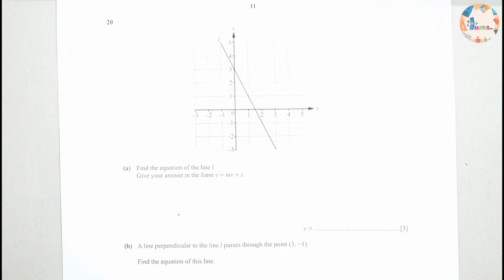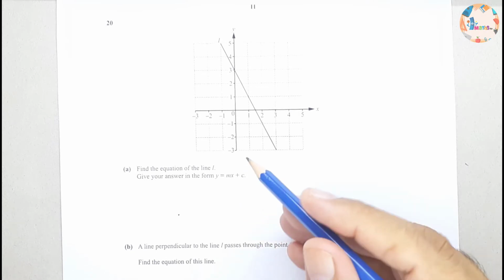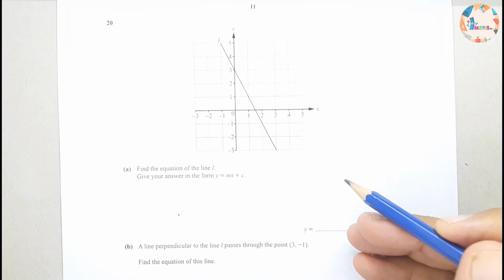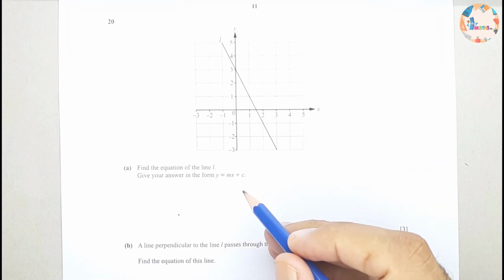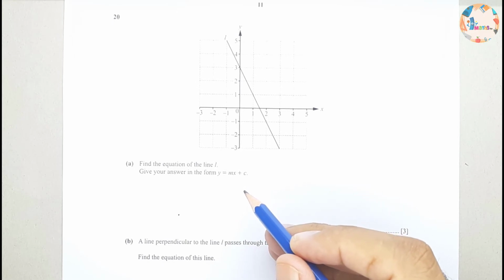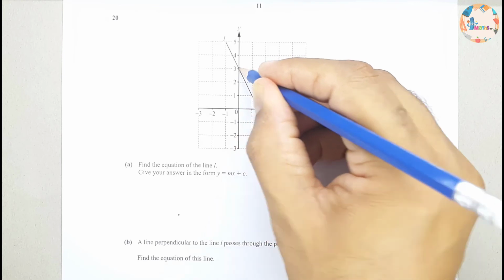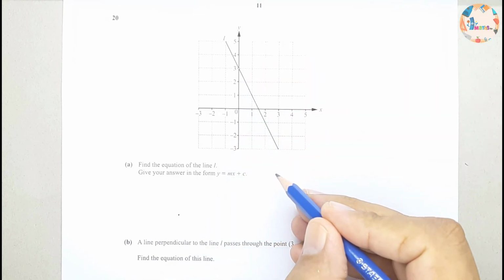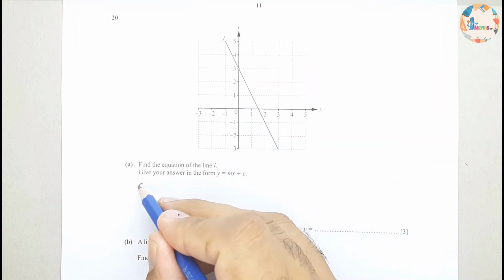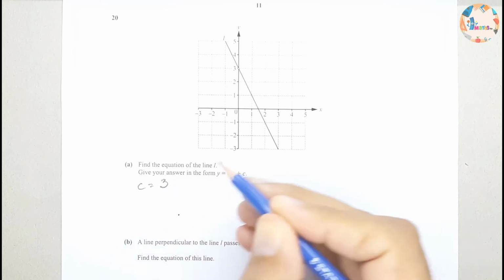Question number 20. Find the equation of the line. Give your answer in y equals mx plus c format. So basically we require the slope and y-intercept. If you check, this is the y-intercept, which is equal to c. So c is equal to 3.